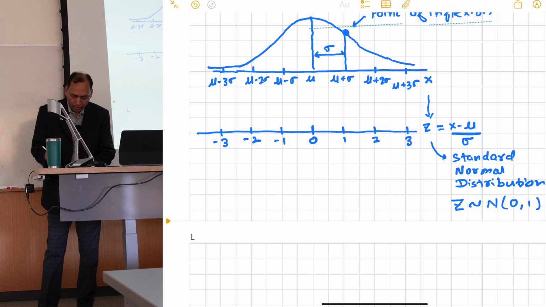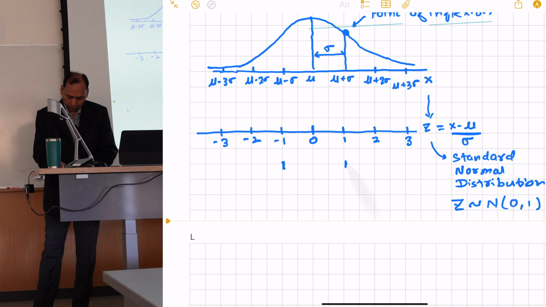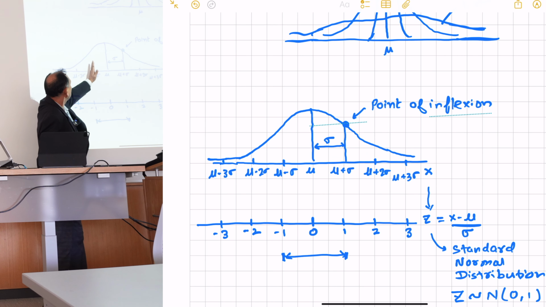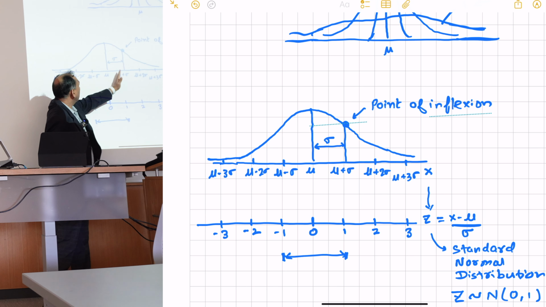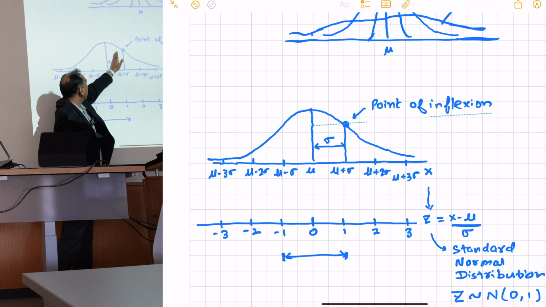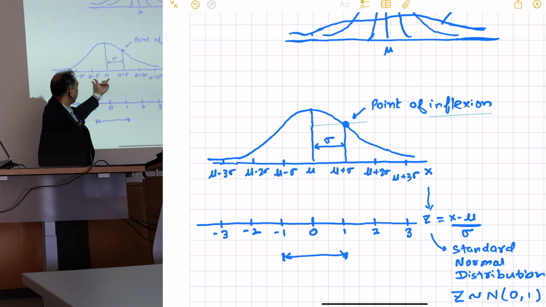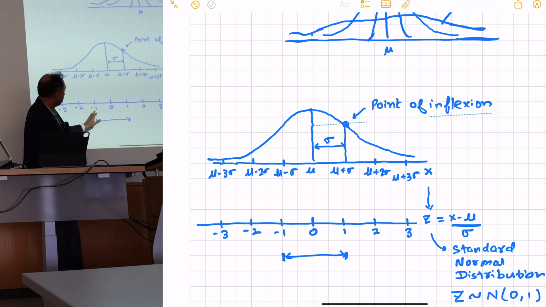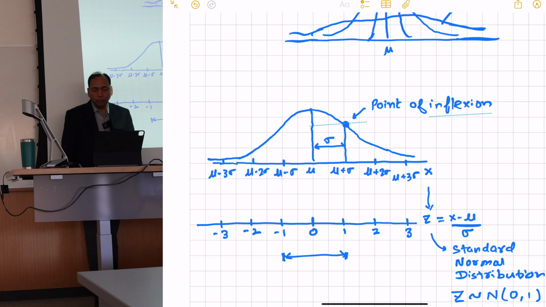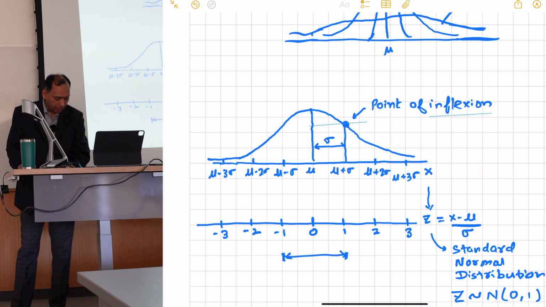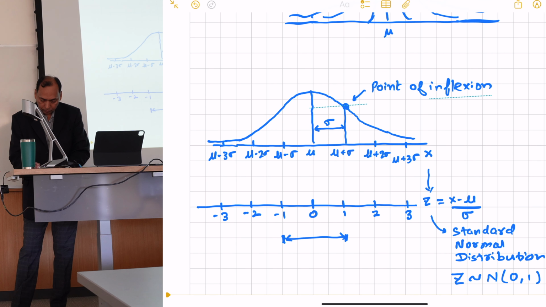Now, how much is the area on this curve? If you draw this line here, that area in between one standard deviation from the center, for a normal distribution, is approximately 68.2%.